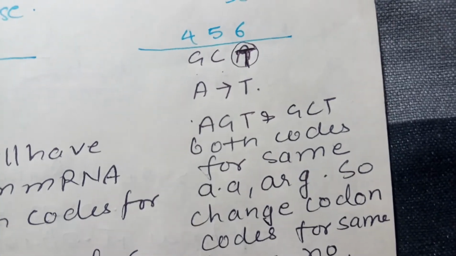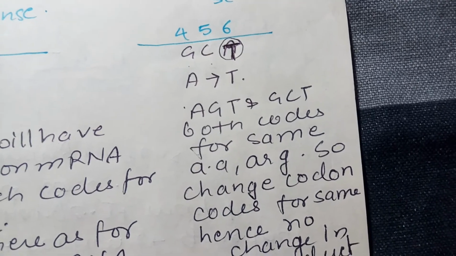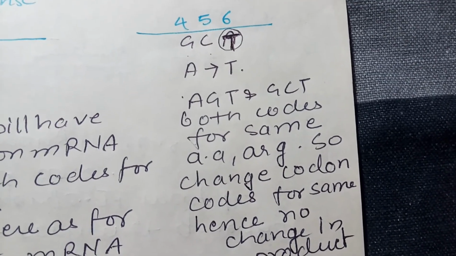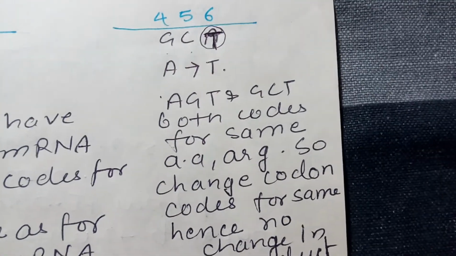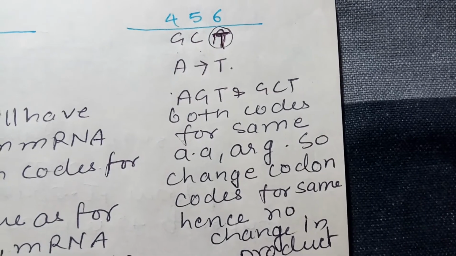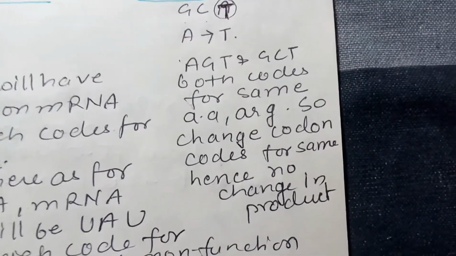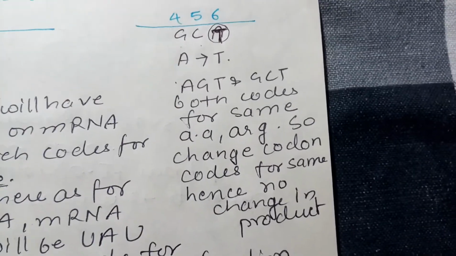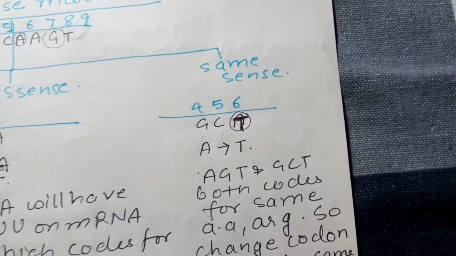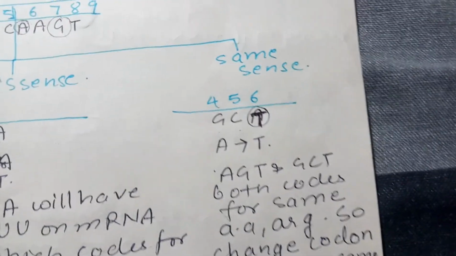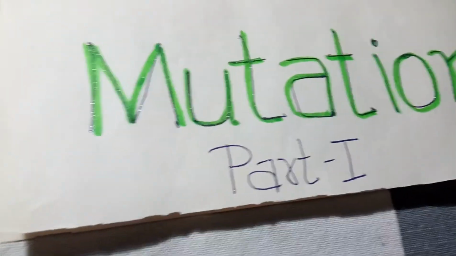So if you see their complementary RNA, both code for the same amino acid arginine. There are more than 2 codons which code for the same amino acid. So the change in codon codes for the same amino acid, hence there is no change in the final product. It will remain the same. So although the mutation occurred, there is no change in the protein that is formed. So this is called same sense mutation.